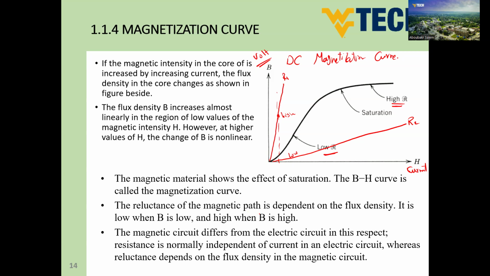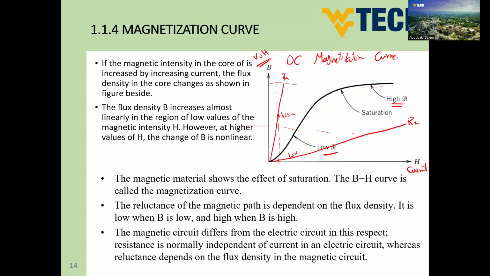The reluctance of the magnetic path, guys, depends on the flux density. It is low when B is low and high when B is high. So we expect to have low reluctance at low value of B. So here is the low value and here is the high value.